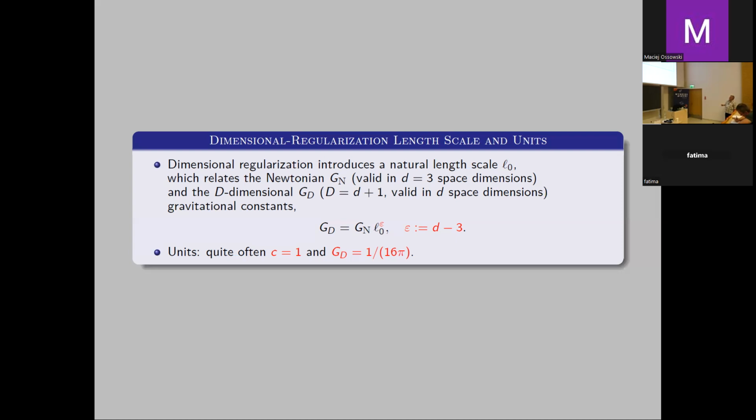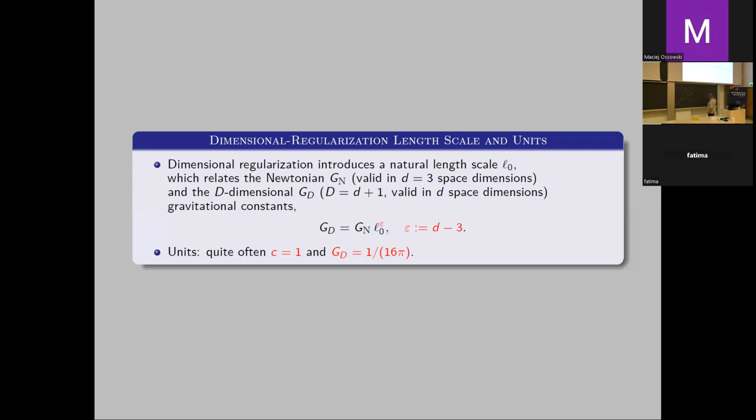Why it is important? Because almost always I will work in the units where c is 1 and the dimensional gravitational constant is 1/60 pi. You know why it is 1/60 pi? I was surprised very much. This is that in normal units, the Hamiltonian is something like this. And here in 3 dimensions, you have the Laplacian of some field function.